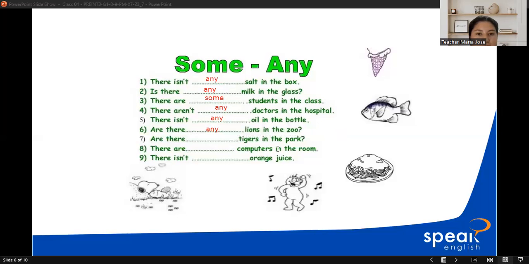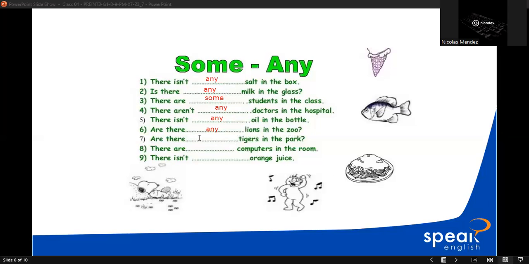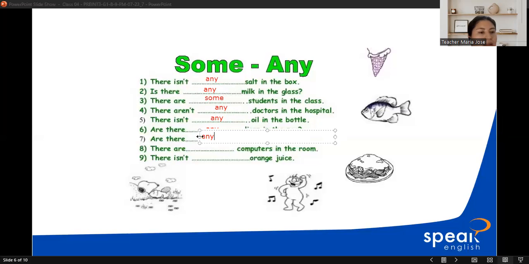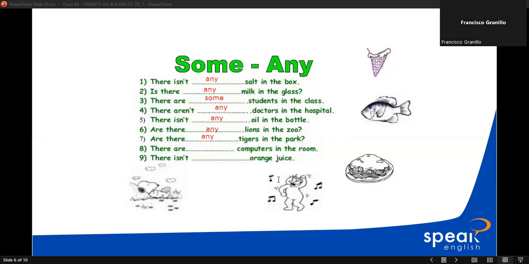Next one, Nicolas. Are there any tigers in the park? Perfect. Next one, Francisco. There are any computers in the room? Any, are you sure?